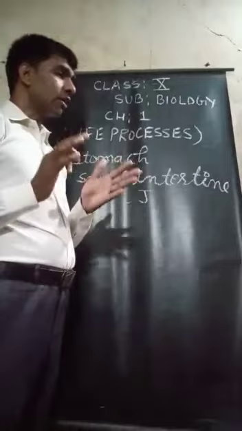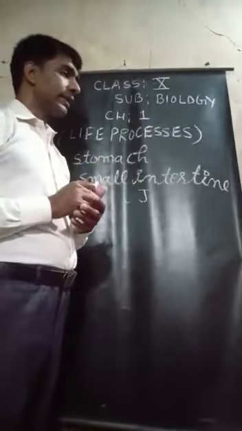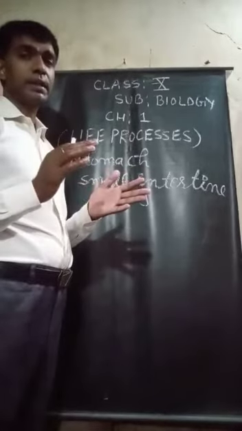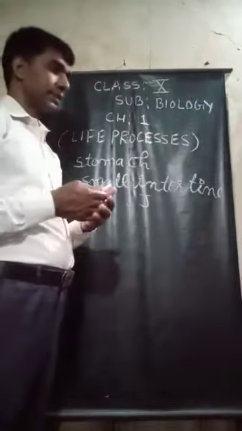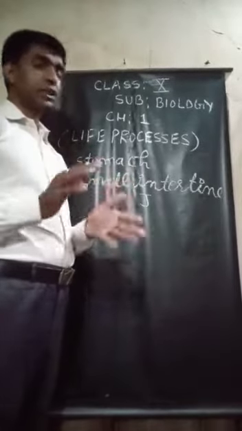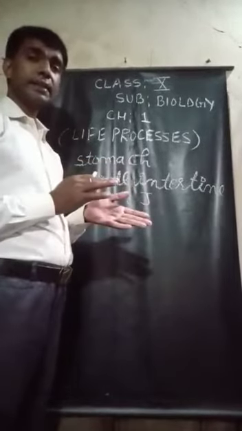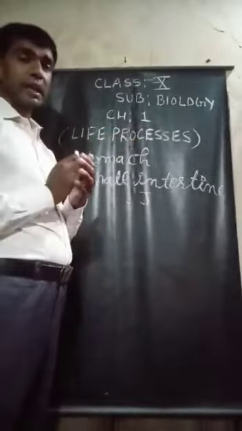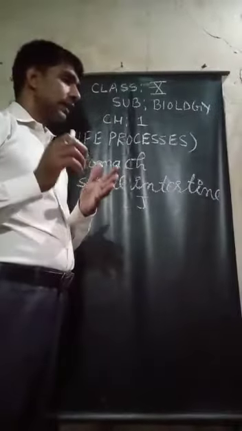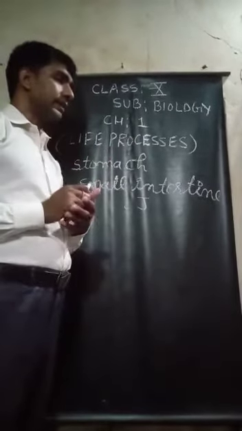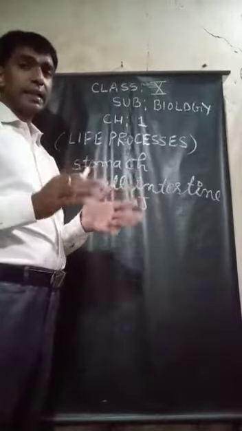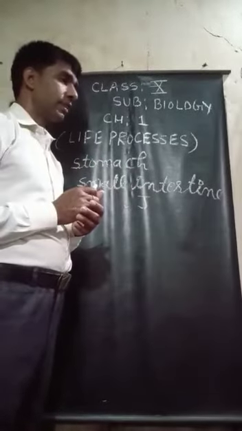The inner lining of the stomach contains many gastric glands. The gastric glands secrete gastric juice, and gastric juice is a colorless and highly acidic liquid.